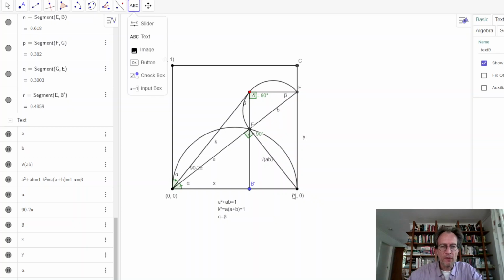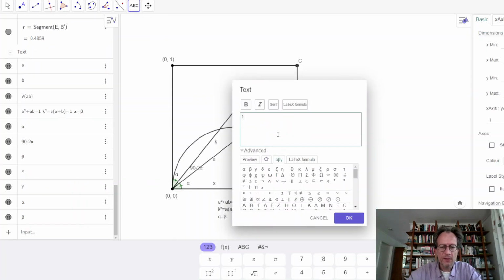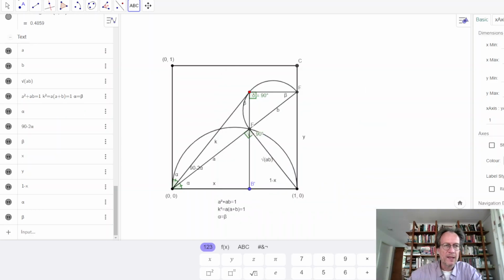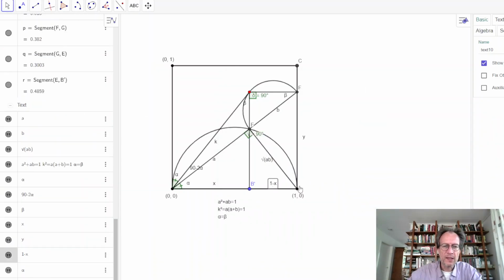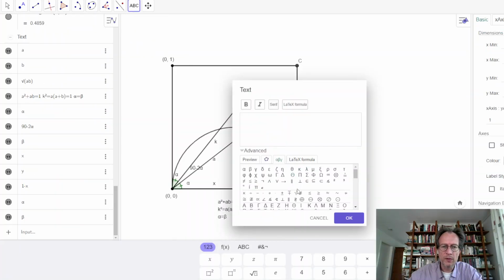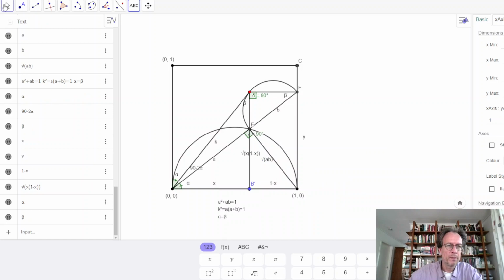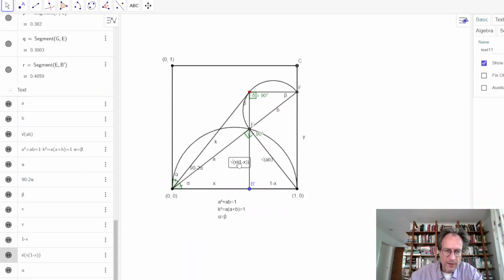Obviously here we have 1 minus x, and using this semicircle, we know again from similarity, here's a right angle, that this height must have length the square root of x times (1 minus x). That we know. So that's this height. Okay, we're almost there.